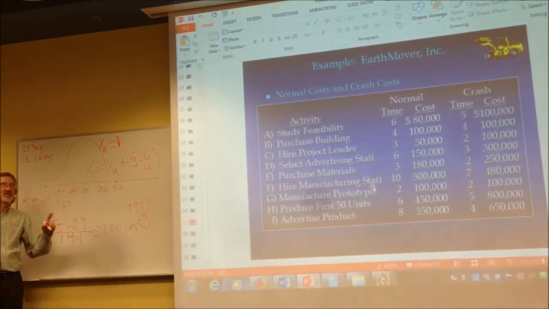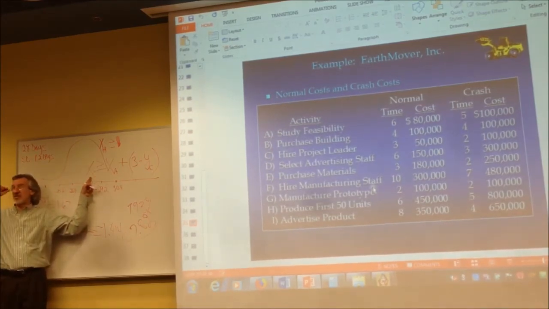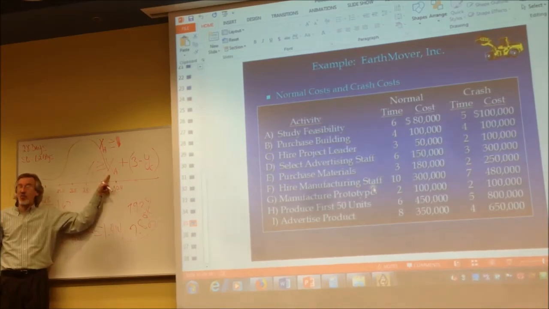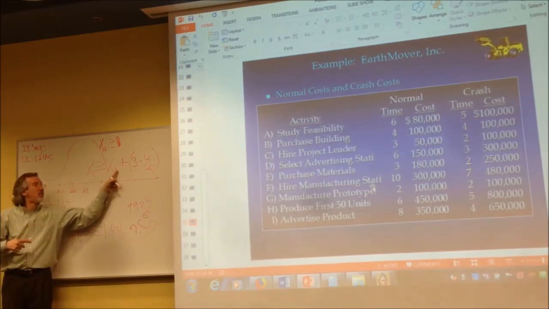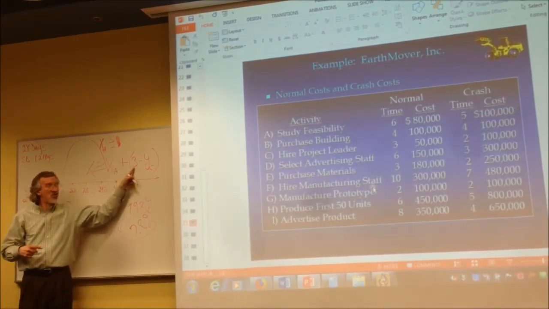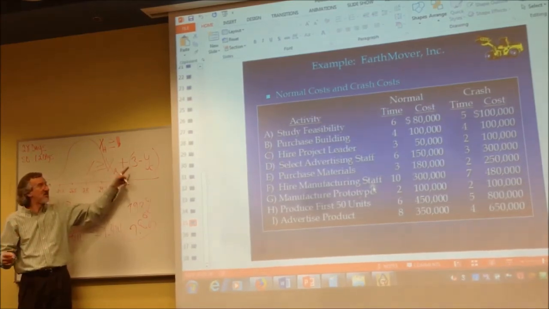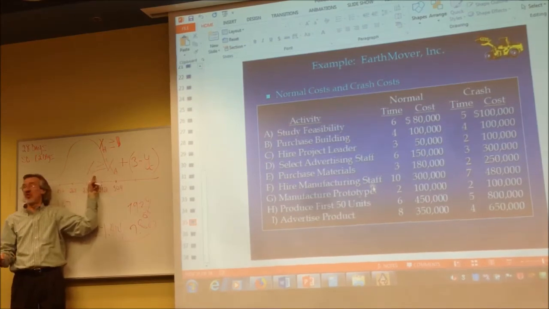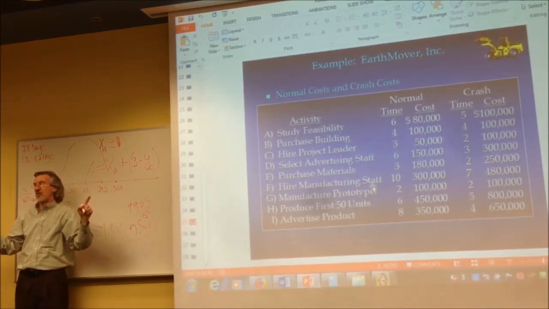So everybody, I want to say this again. It's the X variable for whatever activity you're writing this activity constraint for, greater than or equal to the X variable for whatever activity precedes the activity you're writing this for, plus parentheses, the normal time that the activity you're writing this for is supposed to take, minus the Y variable for whatever activity it is you're writing this for. You've got to go one step farther that you won't see on the PowerPoint.